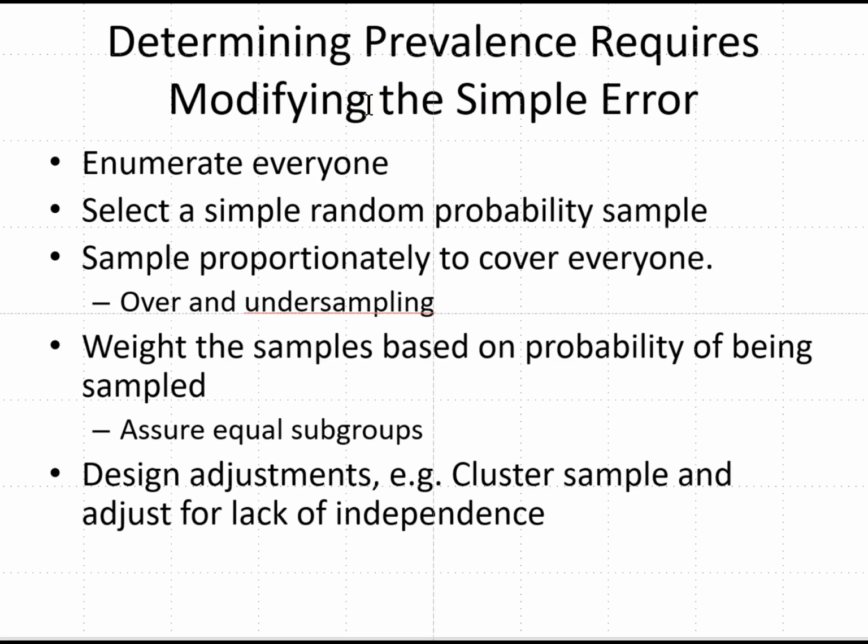So if you do a simple survey, simple probability random survey, you're not necessarily getting an accurate estimate of the overall prevalence. Now, there are different goals when you're sampling. Let's take the hospital survey.